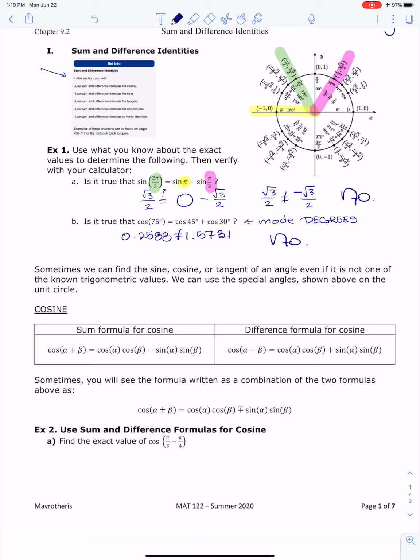So we have to take a look at ways to be able to use these. Now for A, we know the values for 2 pi over 3 and the sine at pi and the sine at pi over 3. But for B, if we need to find something like the cosine of 75, we're at a little bit of a loss, because that's not one of the values on our unit circle.